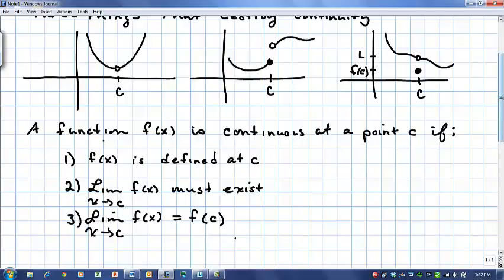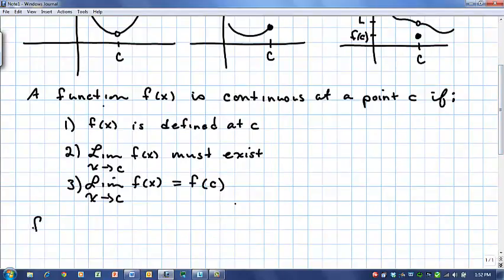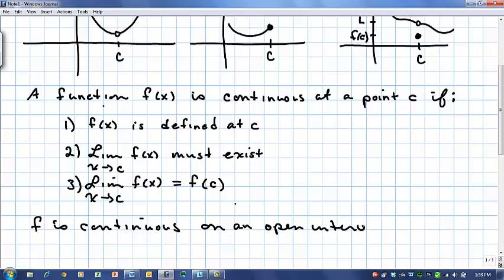So now we can say that the function is continuous on an open interval. We'll call that open interval AB.